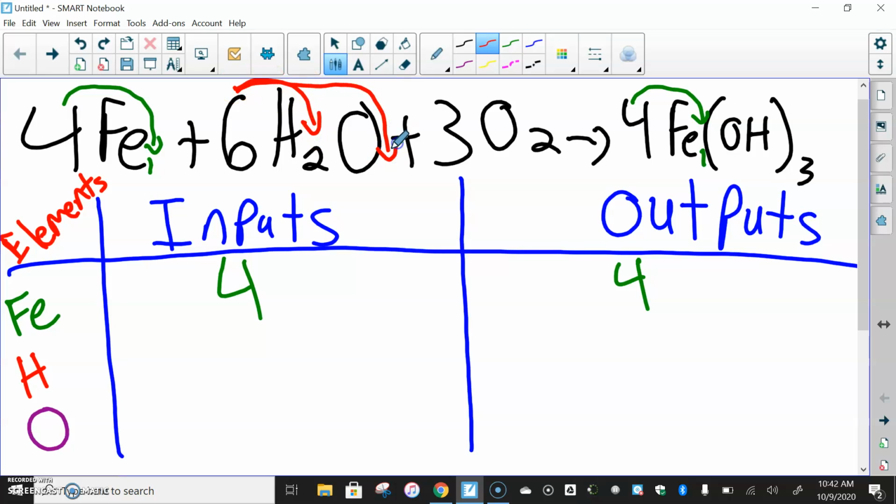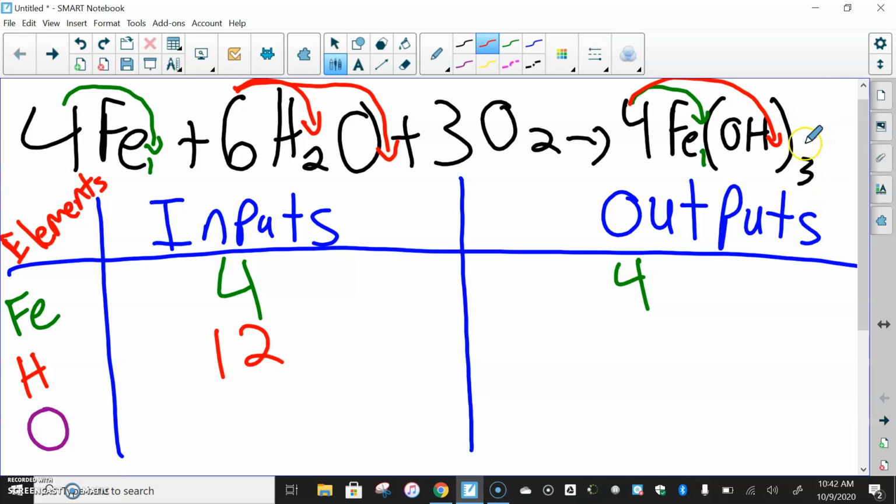Distribute your 6. So what is 6 times 2? 12. Okay. Now we go over here and we have hydrogen and we got a 4 out here, so we're going to do the same thing with that 4. But now there's also a 3 here.